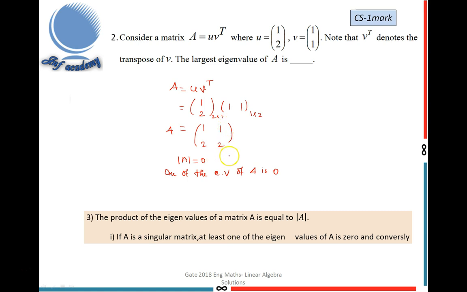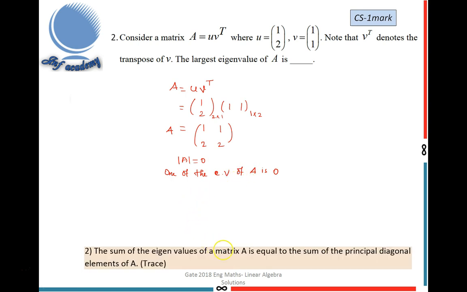Then I use another property: the sum of the eigenvalues of matrix A is equal to the sum of the principal diagonal elements. What are the principal diagonal elements of A? 1 and 2. 1 plus 2 equal to 3.